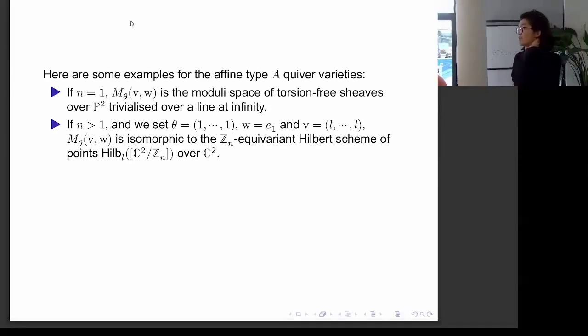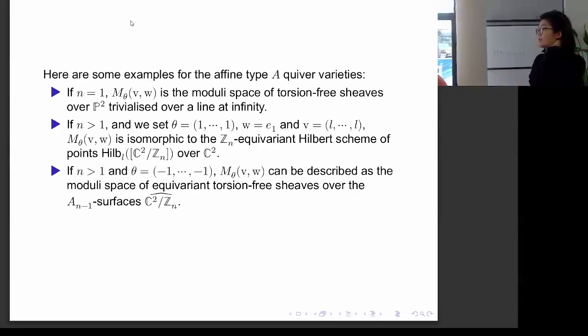If you take arbitrary n, and take the framing vector to be just a unit vector in some direction, and the gauge vector to be all equal, like L, L, L, L, then this quiver variety is isomorphic to the Z_n-equivariant Hilbert scheme of points over C2. Moreover, if we take the stability condition to be the opposite one, this quiver variety can be described as the moduli space of equivariant torsion-free sheaves over the A_{n-1} surfaces.